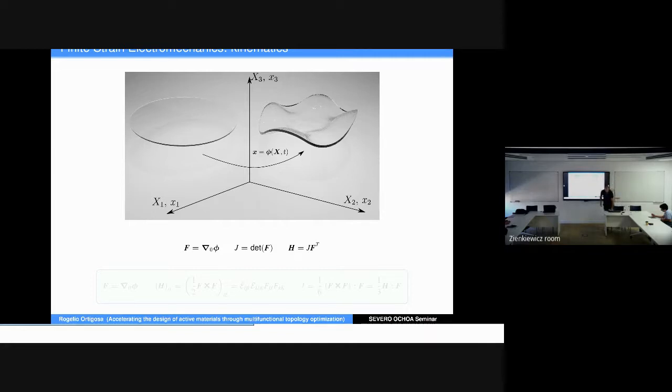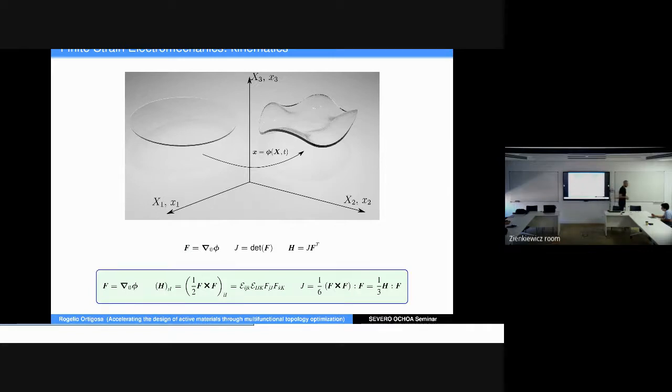Like Javier said before, I needed a more amenable algebraic expression, especially for the cofactor. Thanks to Javier, he came up with this tensor cross product operation, with which we are writing exactly the same thing. This is typically how you would express the cofactor, but the cofactor can also be expressed in terms of this tensor cross operation, all right?